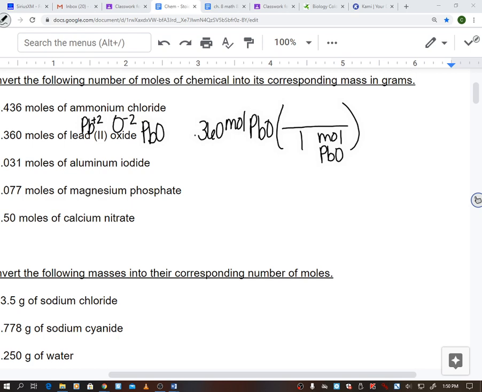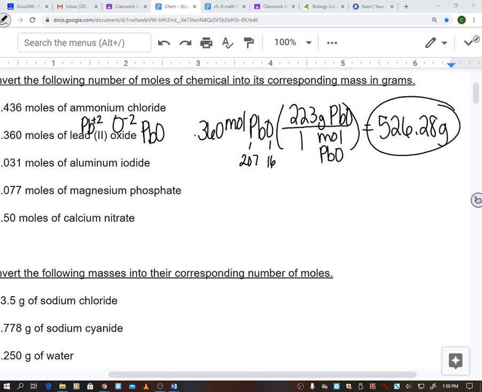Lead weighs 207 if you round, and oxygen is 16, so that's 223 grams of lead oxide. So I'm going to take 0.360 and multiply that by 223, and I am going to get 526.28 grams of lead oxide.